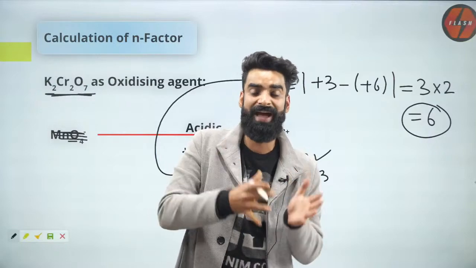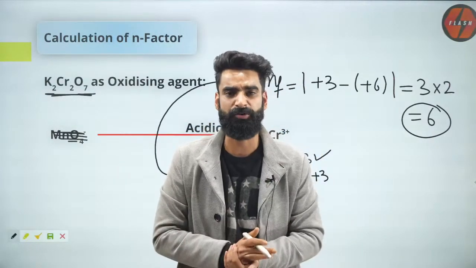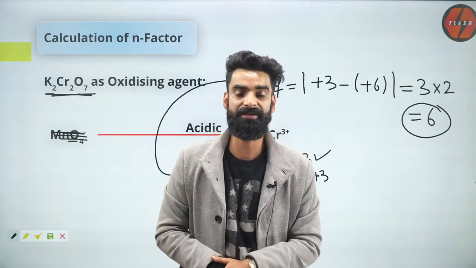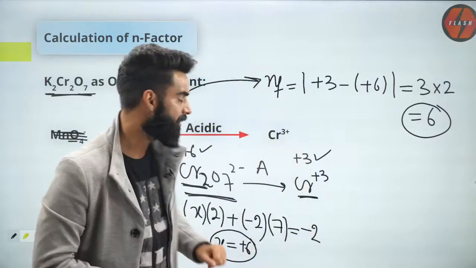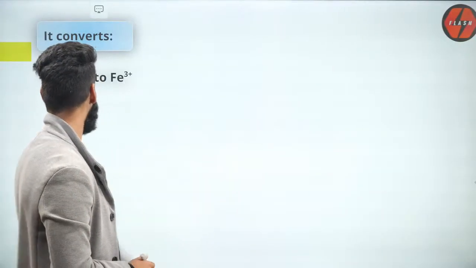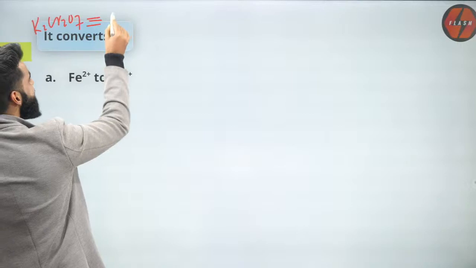The way we checked the reactions of KMnO4 with different substances, in the same way we are going to check the reactions of K2Cr2O7 with different substances. I'm talking about K2Cr2O7, or you can simply write it as Cr2O7 dinegative.